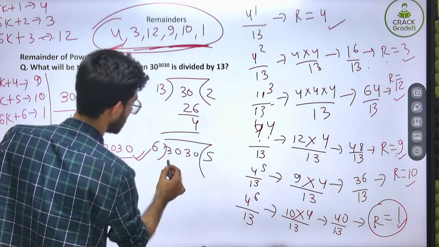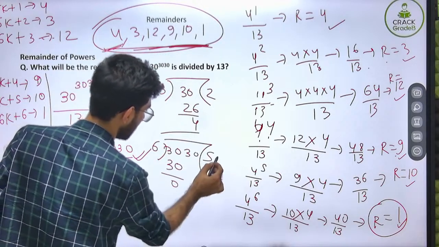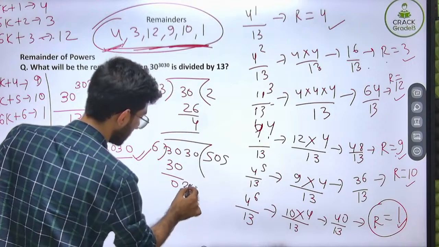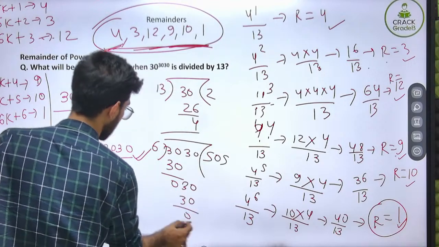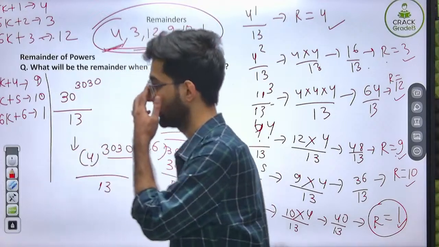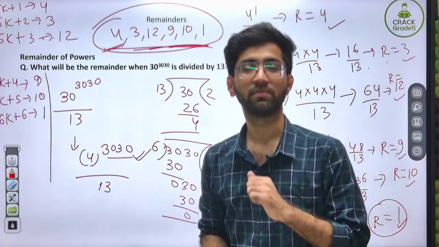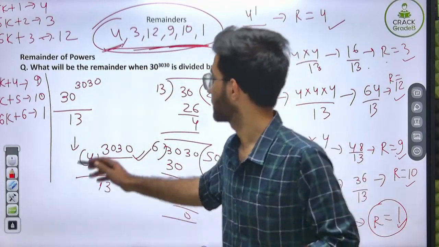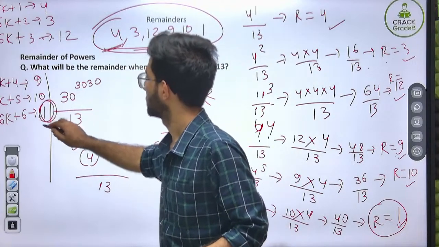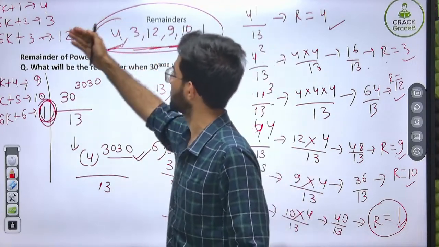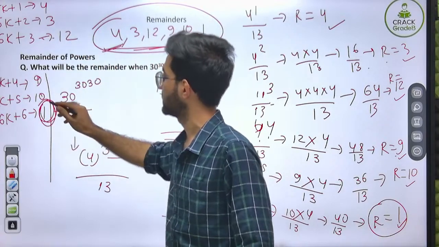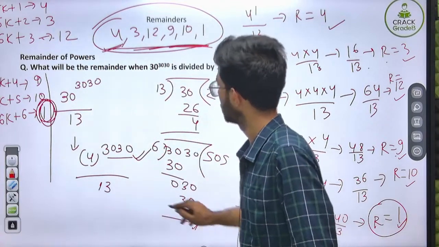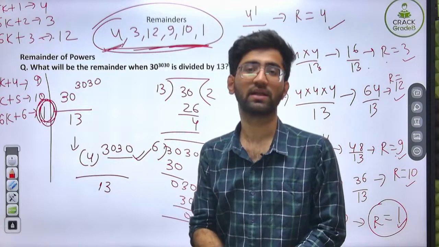If you divide it, you will get the remainder as 0. And if you get the remainder as 0, what does it mean? It means that you will get the remainder 1. Remember this thing: if you write these powers in this way, and if you get the remainder as 0, it means you get the remainder as 1.